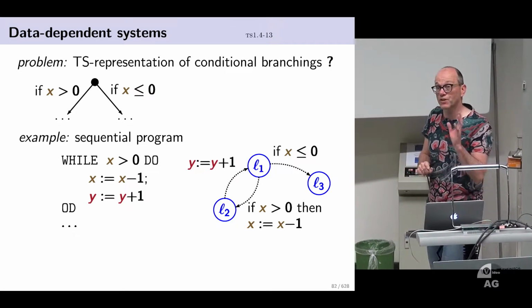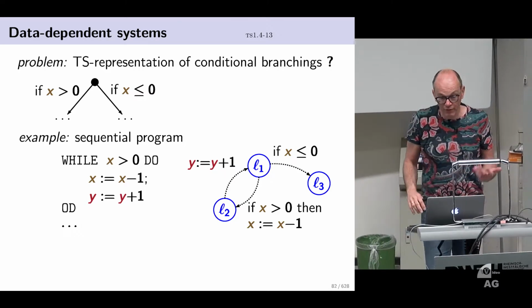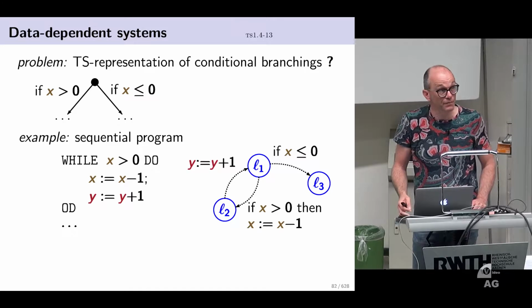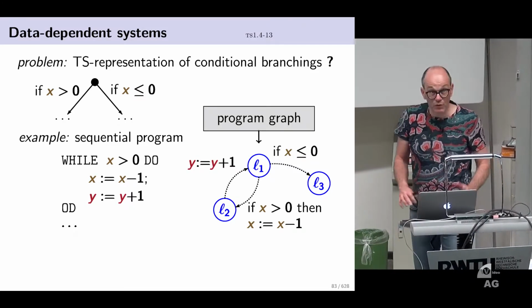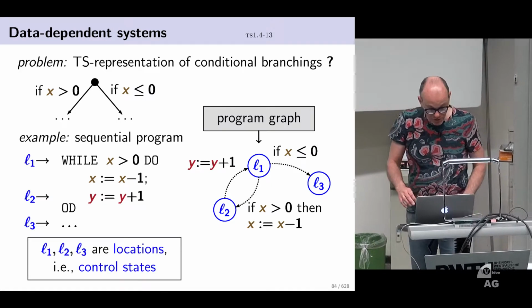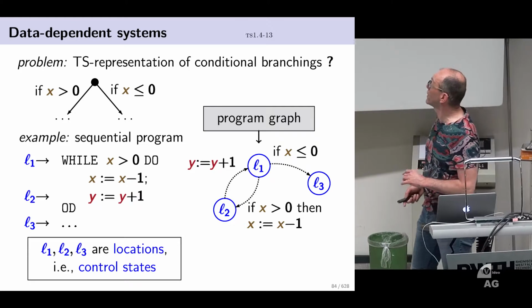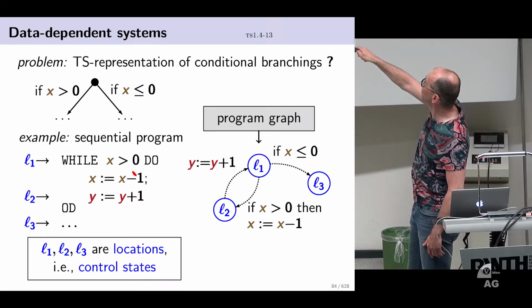Okay? So I hope it's clear that the graph on the right-hand side, which we are going to call a program graph, is a kind of faithful representation of the program on the left. Good, so this is what we just mentioned. The locations correspond to almost the line numbers, with one special thing, namely that I decided to take those 2 things together.